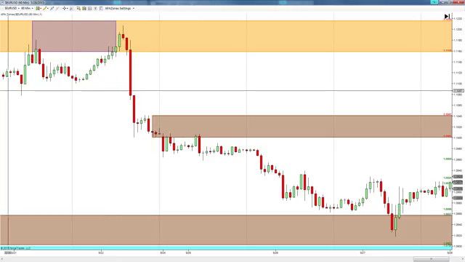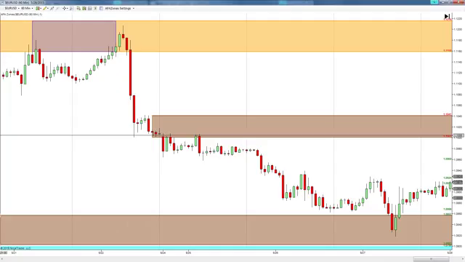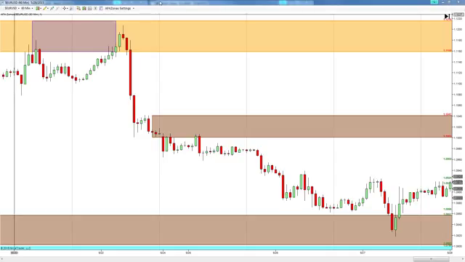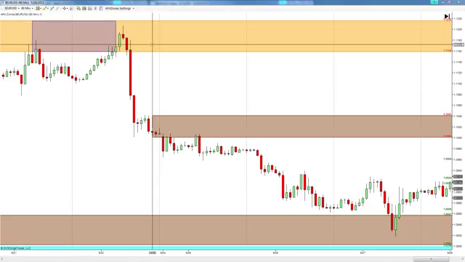Basically, what this is telling us is it is allowing us to see inside of the bigger time frames. It allows us to get a good perspective as to where a localized high and a localized low area are that we can get on, because we're all trying to buy low, sell high, all that kind of good stuff.